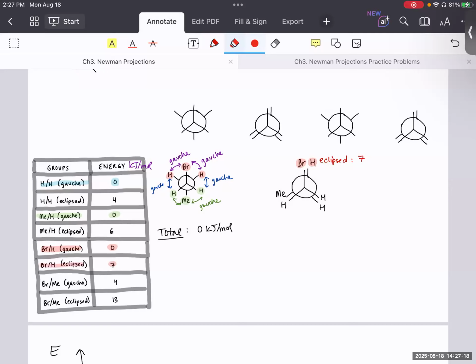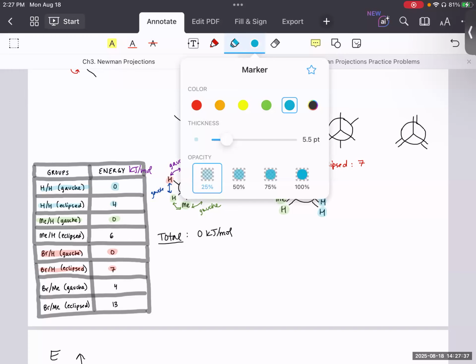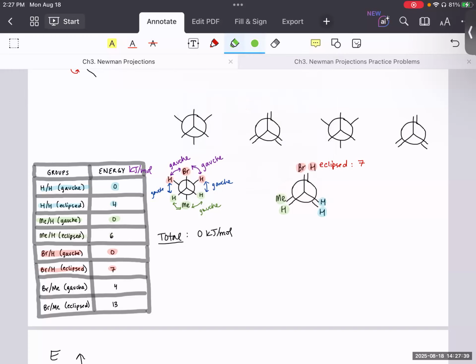And so again, we're using that 7 because we have eclipsed instead of gauche interactions. Next, we can do the same thing for this hydrogen, hydrogen, and the methyl and the hydrogen. And we can see that respectively, those will give 4 and 6.